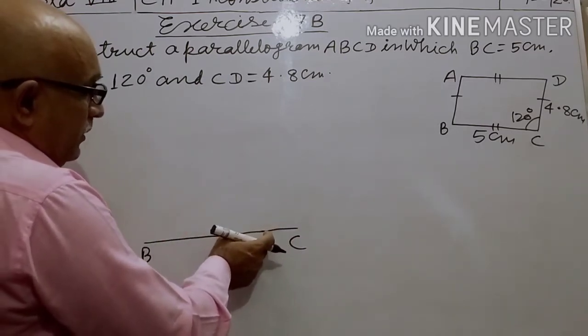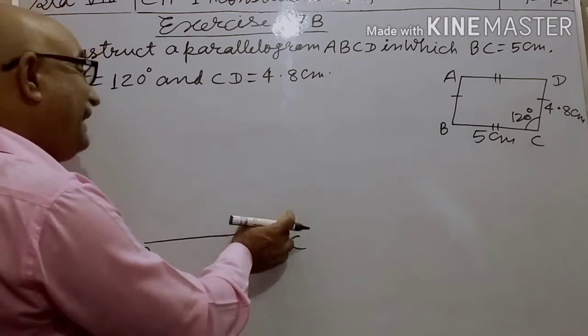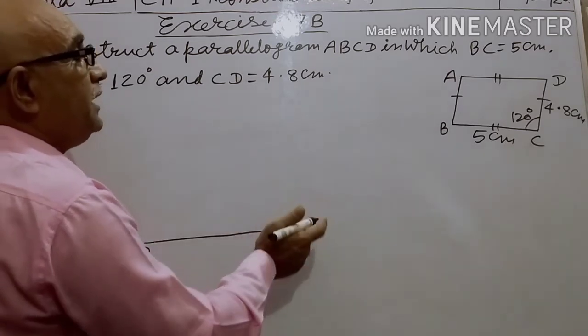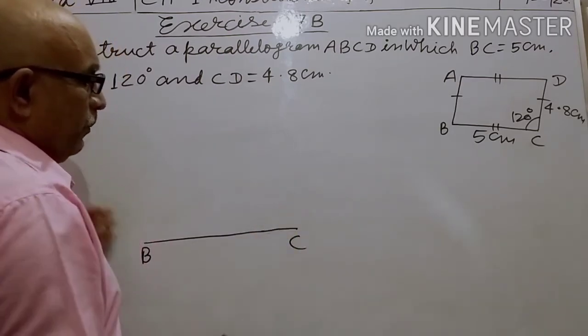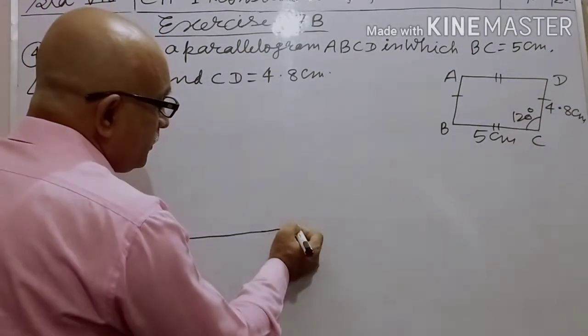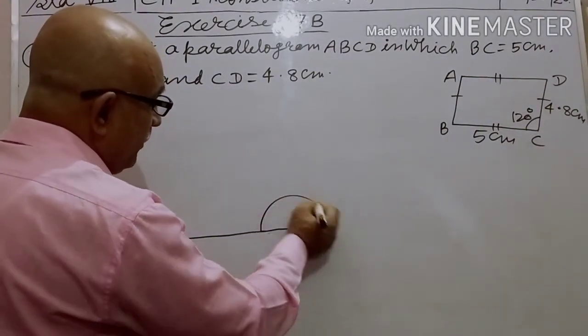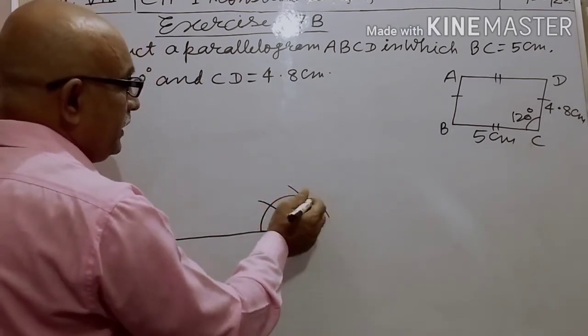Now form angle. Draw an angle BCD 120 degree with the help of protractor and pair of compass also. Fix the middle point here and draw one arc 60 degree, 120 degree.